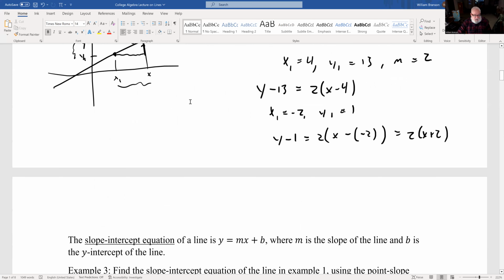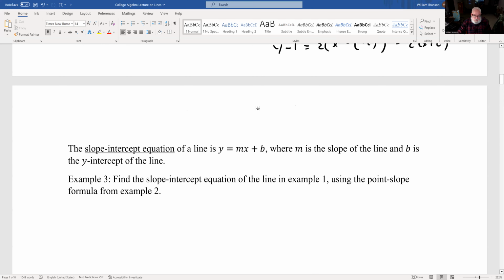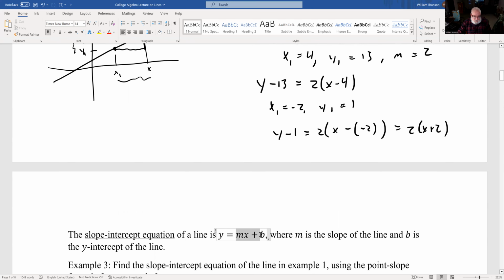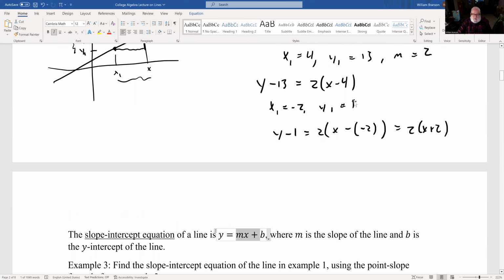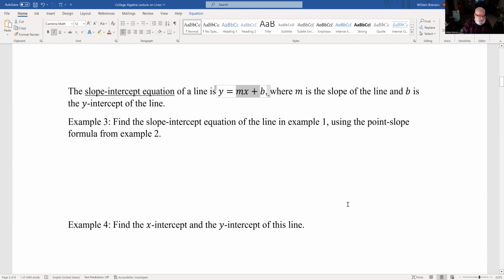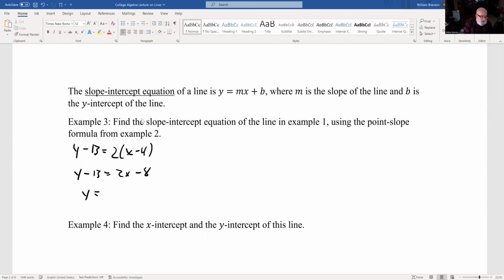They're actually the same formula, because when we solve for y, we get something called the slope intercept formula, y equals mx plus b. So if we take y minus 13 equals 2 times x minus 4, and we solve this for y, that will give me y minus 13 equals 2x minus 8, and then I add 13 to both sides, and that gives me plus 5.